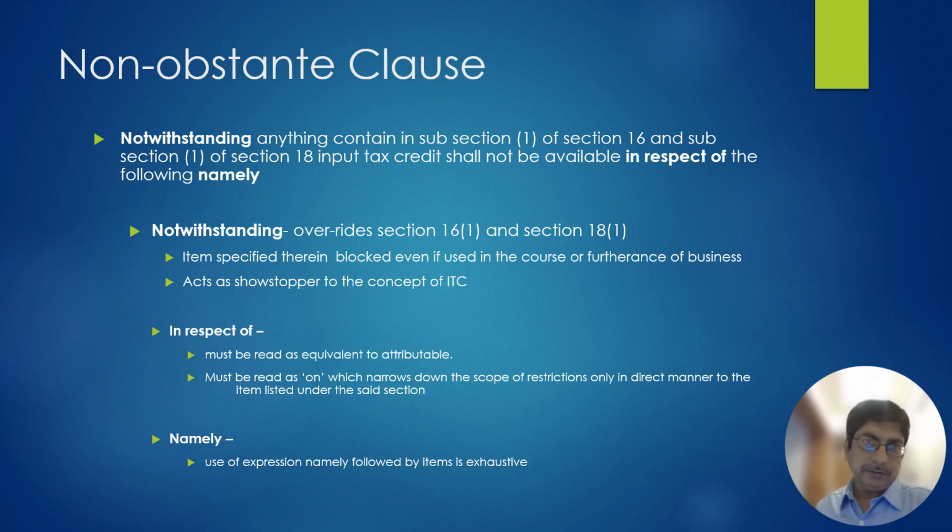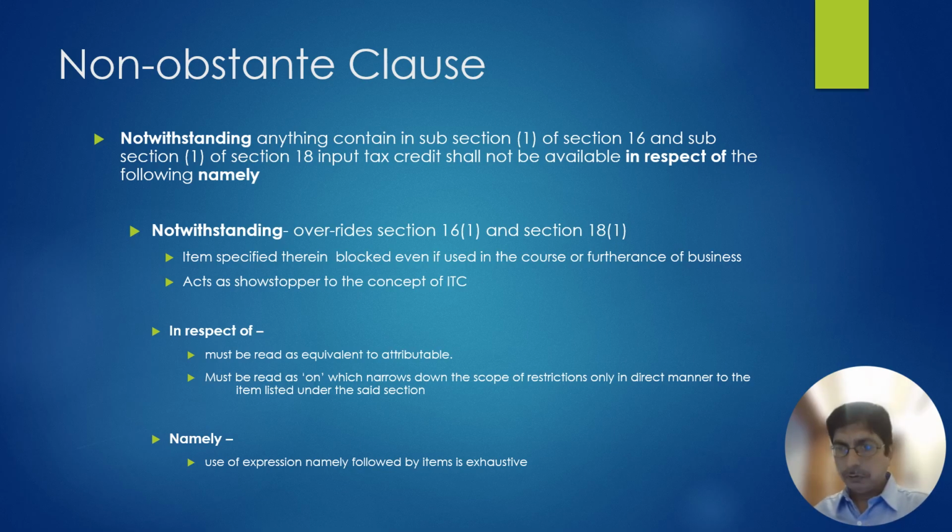It reads as: notwithstanding anything contained in subsection 1 of section 16 and subsection 1 of section 18, input tax credit is not available in respect of the following, namely. So three terms are important here. One is notwithstanding, second is in respect of, and third is namely.